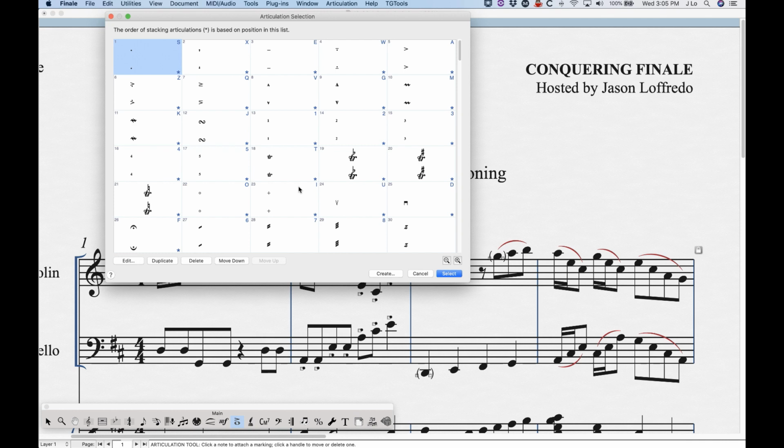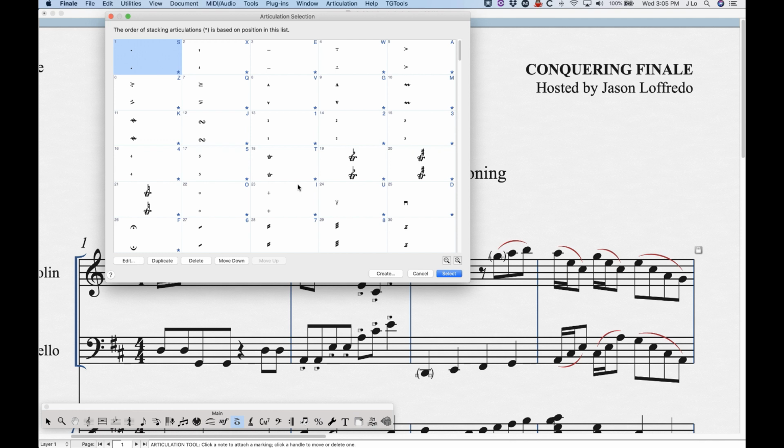And I was trying to think of a reason that you might use an articulation that always gets placed on the stem side. And maybe the only thing I can think of is if you have some sort of special character that goes on the end of a stem for some special musical notation, you might want to use that always stem side option. But there's nothing in the default set that uses stem side.